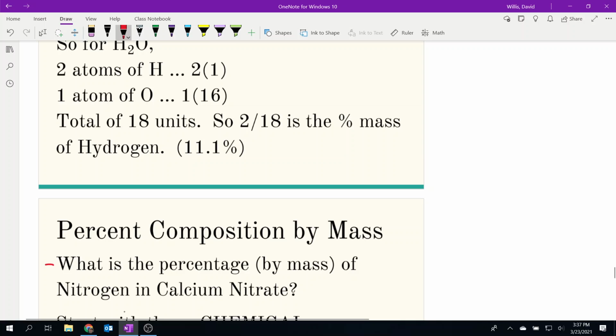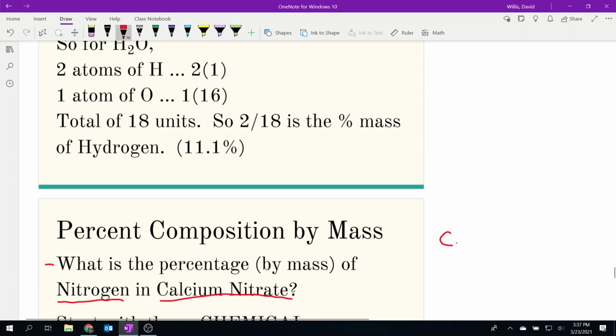What is the percentage by mass of nitrogen in calcium nitrate? Uh-oh. What's the formula for calcium nitrate? Do you know? Can you figure it out? Because if you can't, you have 0 chance to answer this question.